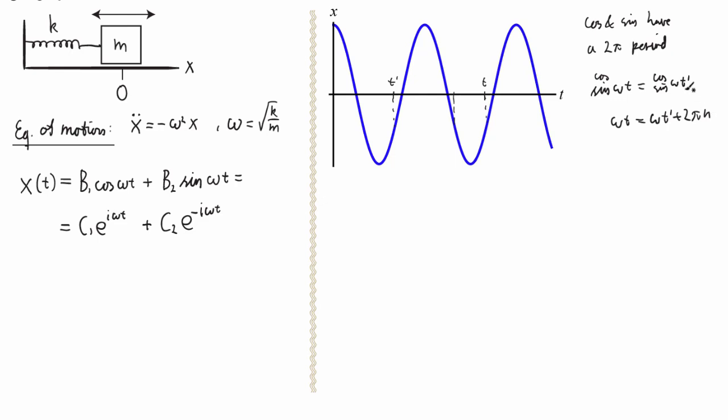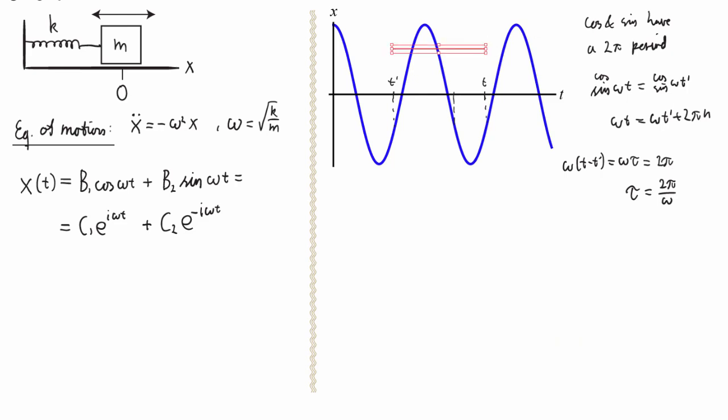1 here. So if we take omega times t minus t prime, it's equal to omega times the period tau. That's going to then be equal to 2 pi, which means we can say that the period tau is 2 pi divided by omega. Right?